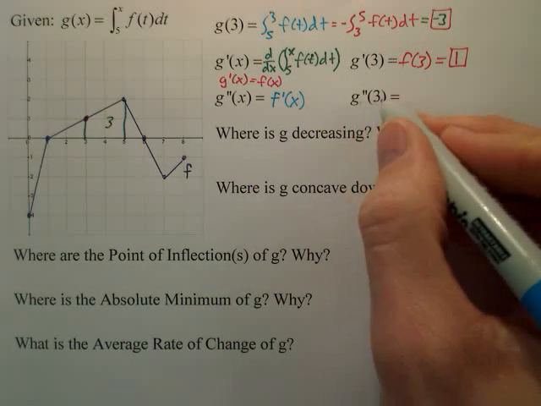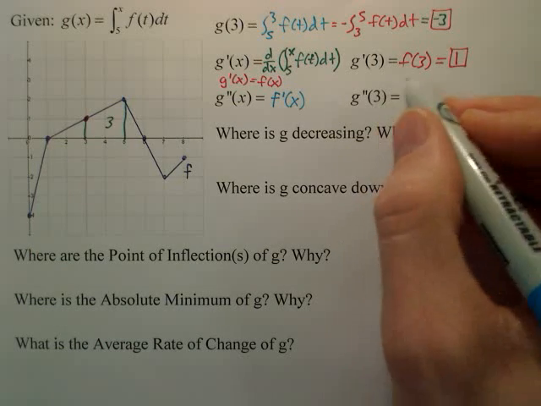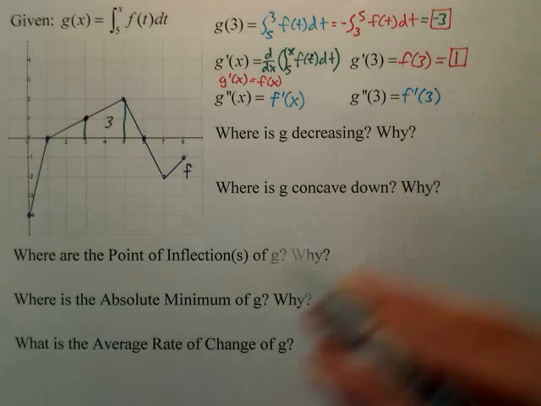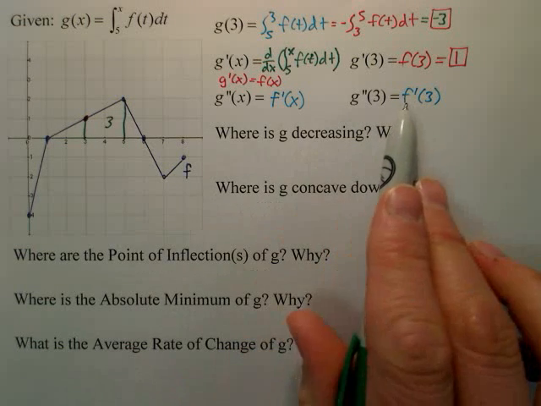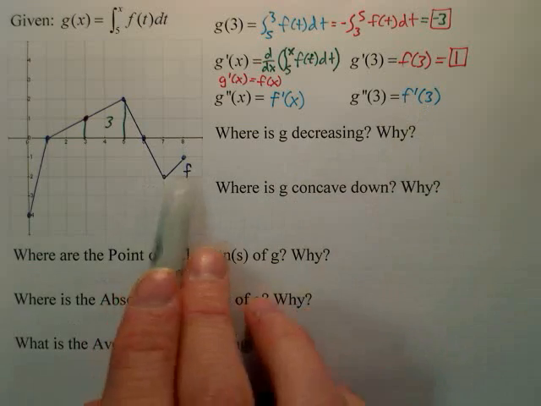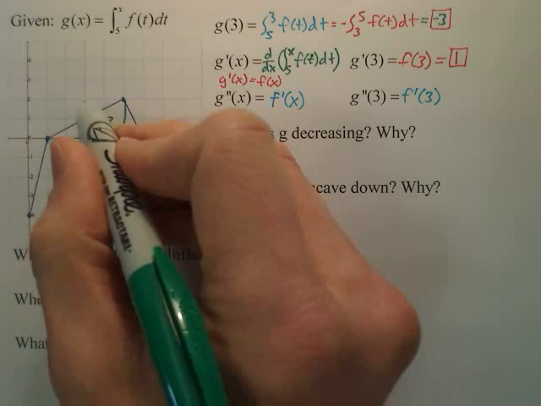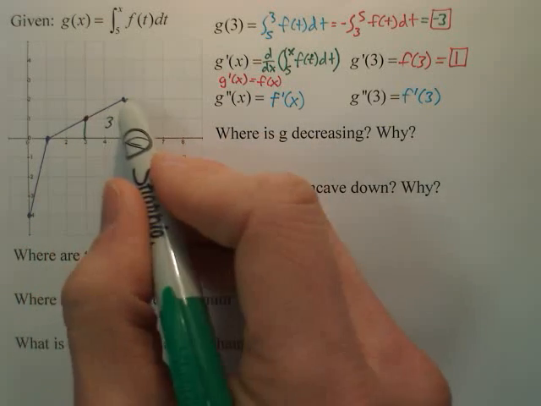So anyways, if I want g double prime of 3, the second derivative of g at 3, I want technically the first derivative of f at 3, which hopefully is a lot easier. So if I look at f, that means the slope of this graph at 3. So at 3, what's the slope of this line? Well, if you think of slope, isn't it rise over run? So didn't I go up 1 over 2?